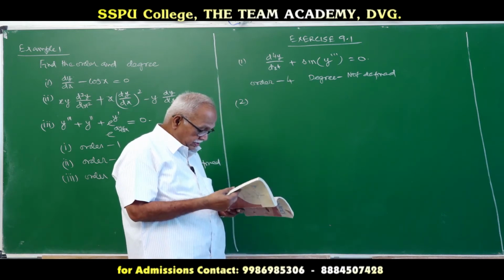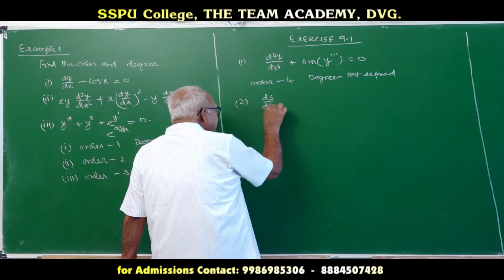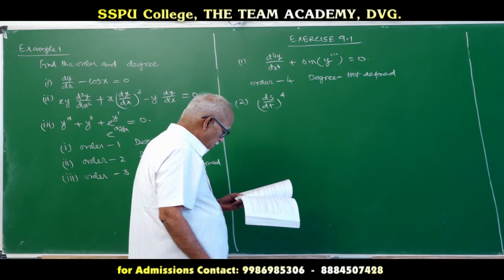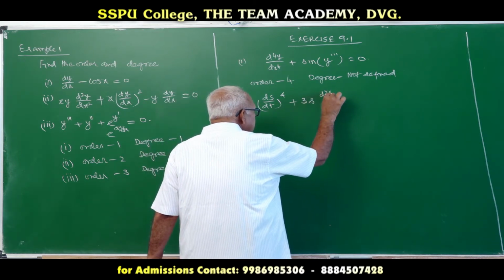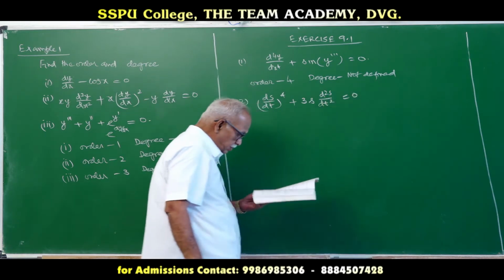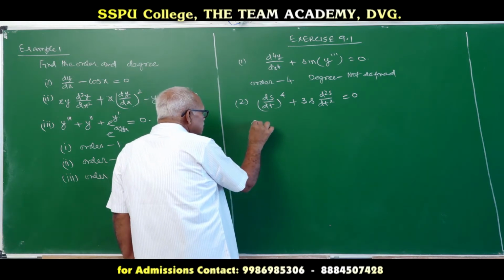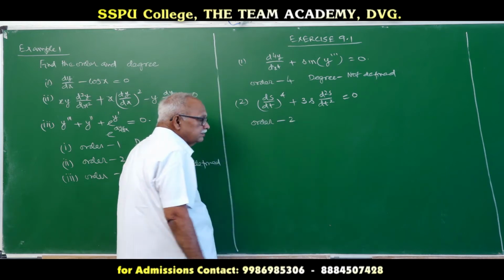Next question I will write: ds by dt whole to the power of 4 plus d square s by dt square is equal to 0. Now, what will be the order of this? Which is the highest order? Second order.